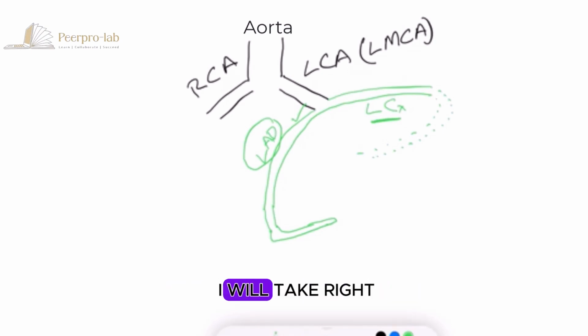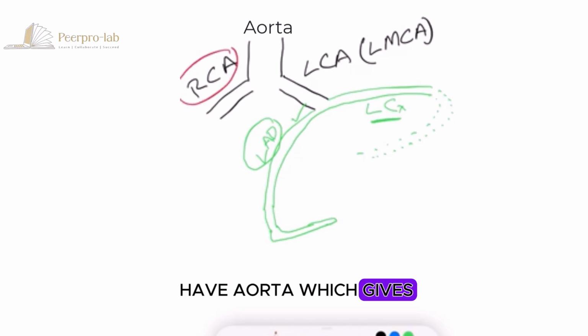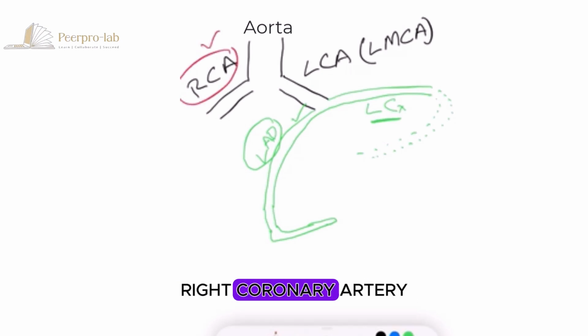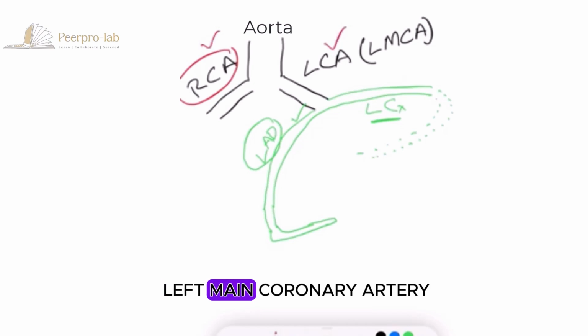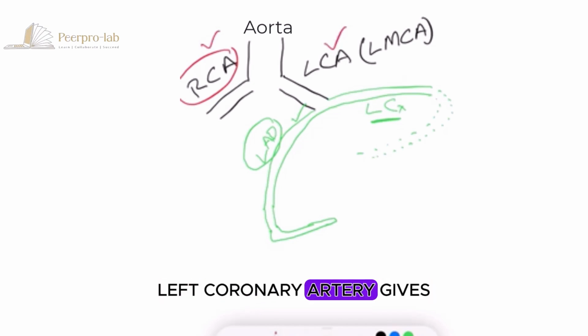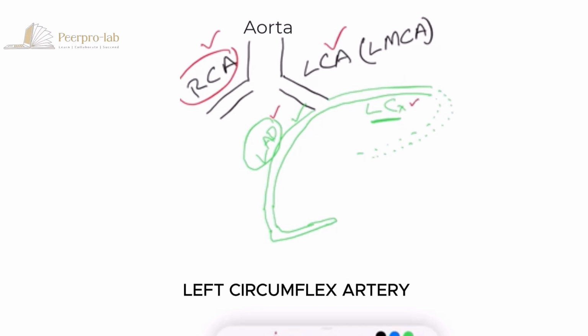So first of all, I will take the right coronary artery to explain. We have the aorta, which gives off two branches: the right coronary artery and the left main coronary artery. The left coronary artery gives off two branches: the left anterior descending and the left circumflex artery.